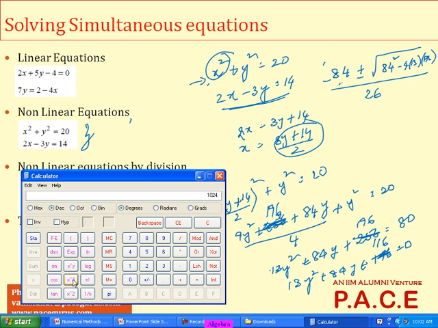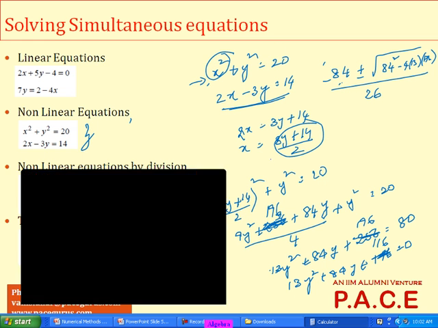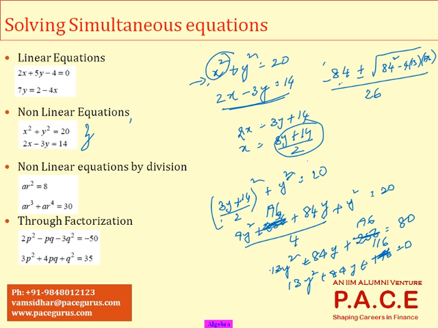How do I find out the square root? Probably here I don't have the square root function, so I'll take x power y itself and I say 0.5. That is the square root. So I get it as 32. 32 is the square root of 1024. It's better if you remember them, but otherwise you have your calculator, so you can use it. So minus 84 plus or minus 32 by 26.